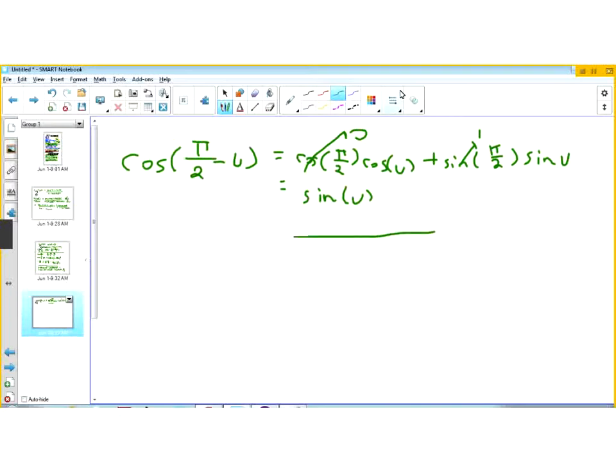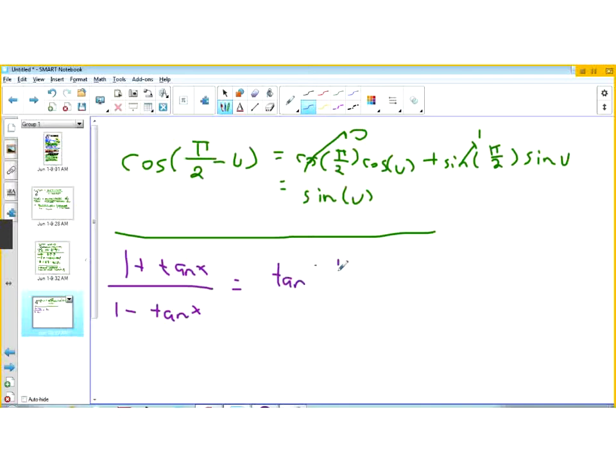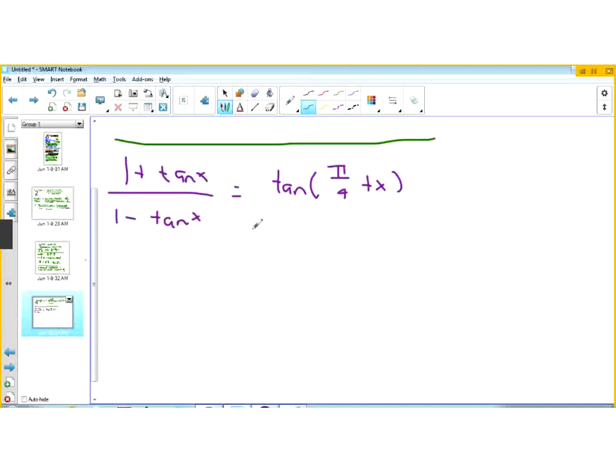How about 1 plus the tangent of x divided by 1 minus the tangent of x is equal to the tangent of pi 4ths plus x. It would probably be easier if we use the right-hand side.